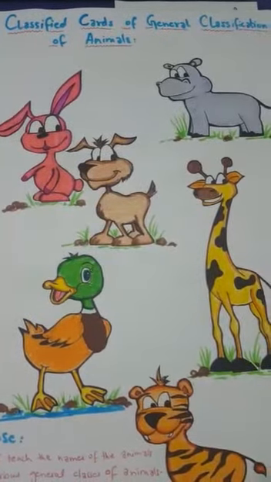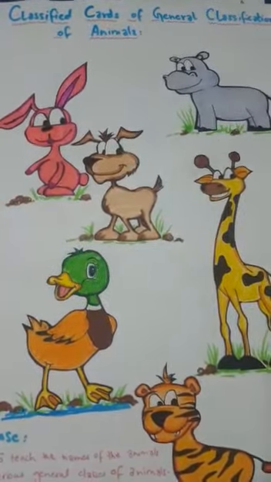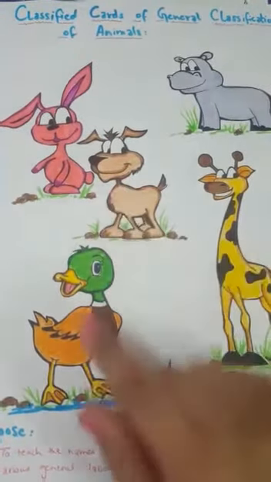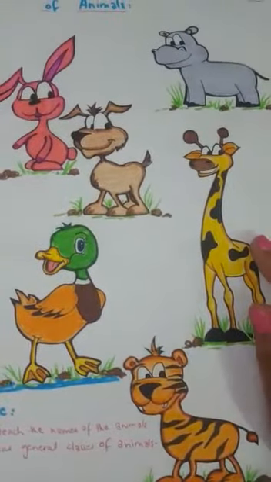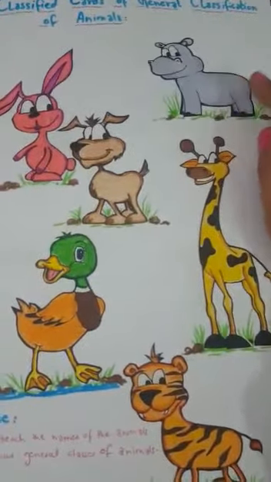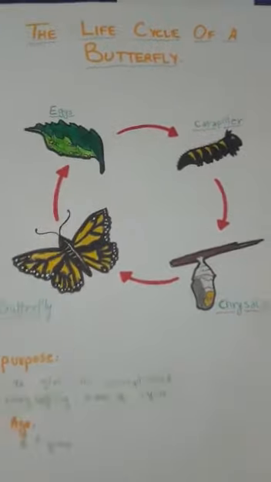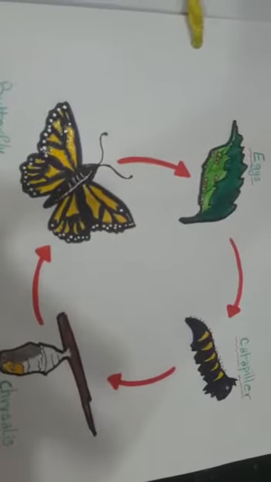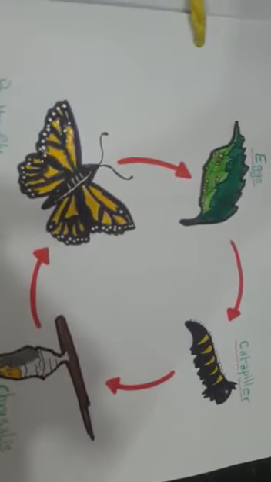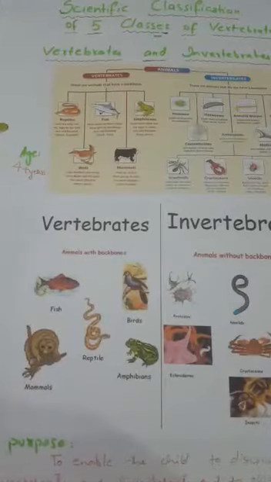Classified cards of general classification of animals: domestic animals, birds, carnivores, herbivores, wild animals. Life cycle of a butterfly: to give the concept that every living thing has a cycle.